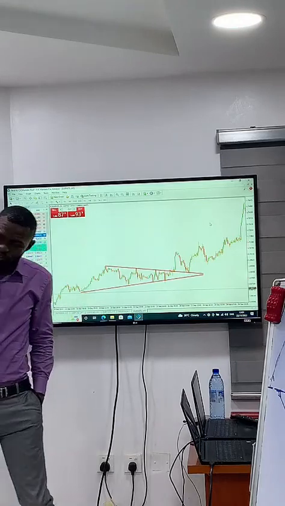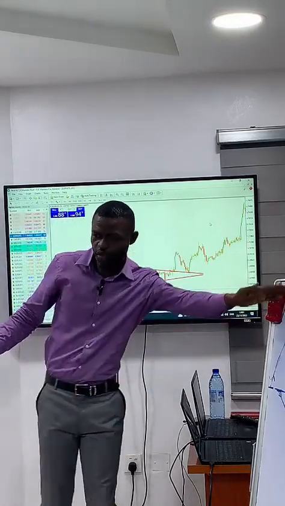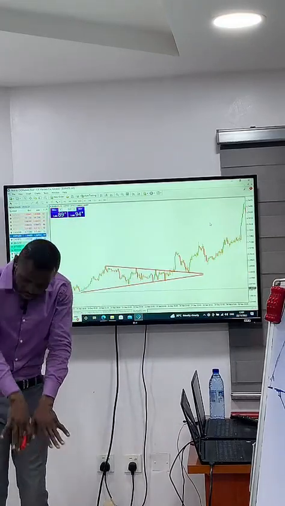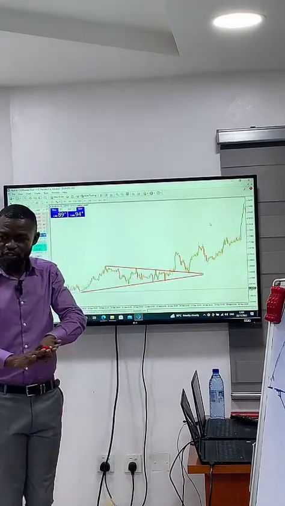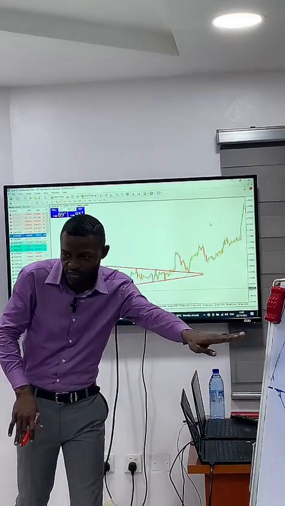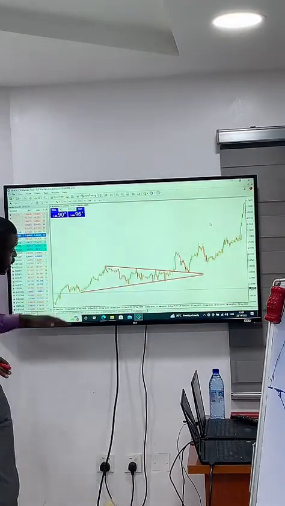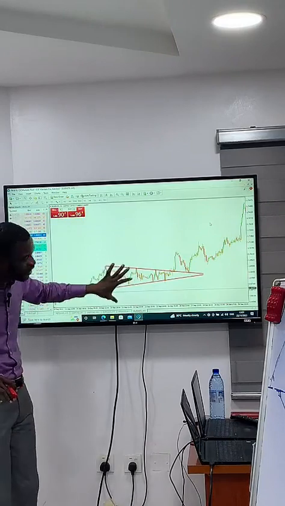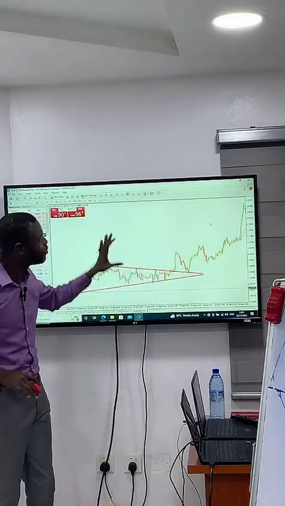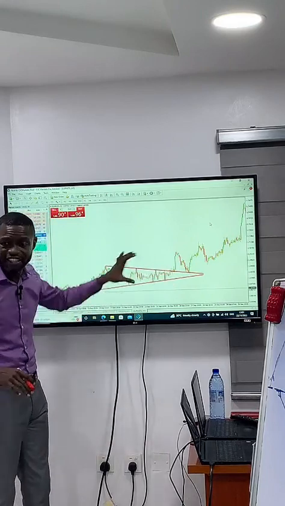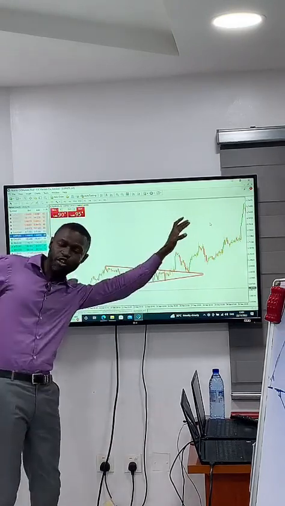After you pass the bumps, you continue your movement. Sometimes you might see a pothole. You go into the pothole, come out of it, continue your movement. So the market also has some bumps. It might be going straight, it will create a kind of bump, which might be like a symmetrical triangle. It could be an ascending triangle. It could be a descending triangle, and after which it continues.